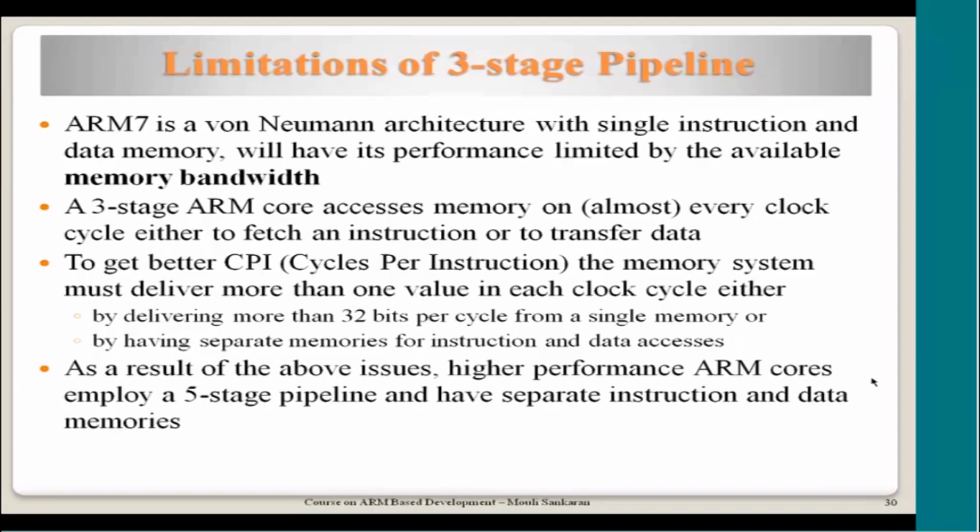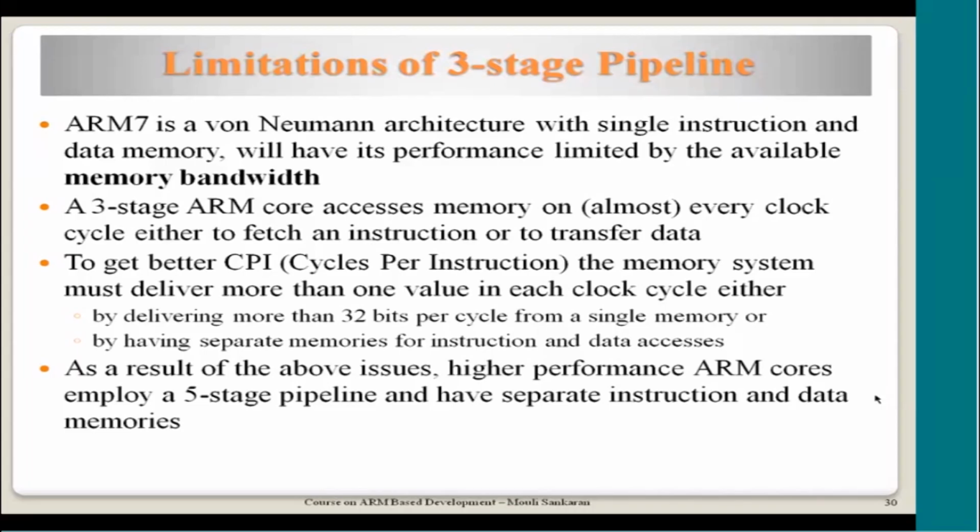That means 5 instructions may get completed every clock cycle instead of 3 in the 3-stage pipeline. So even if you are running the processor at the same clock, suppose it is 10 megahertz or whatever it is, a 5-stage pipeline may perform better than the 3-stage pipeline. Of course, it depends on the flow of instructions, but hypothetically, because of increasing the number of stages, we can still get better performance.